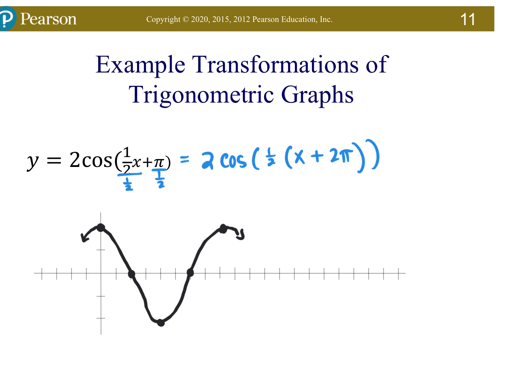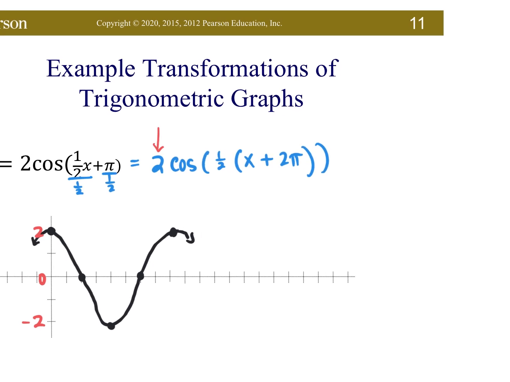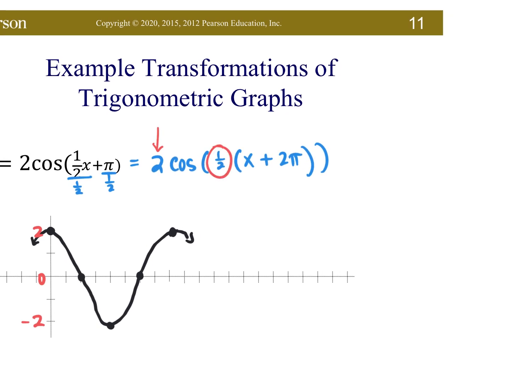So now we're ready to label our graph and put our scale on there. Since we know that the amplitude is 2, then we've got 0, 2, and -2. And then the period, we've got to figure that out. So we're going to use the number 1/2. Our period would be 2 pi divided by half, and that period turns out to be 4 pi.